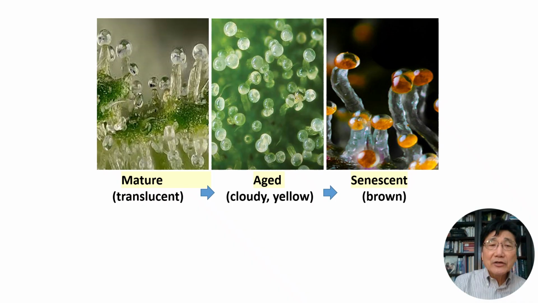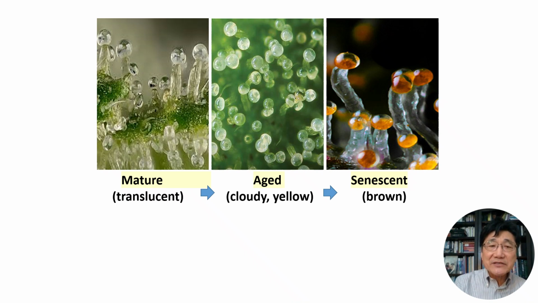In Module 2-3, I mentioned that glandular trichomes can be classified according to their secretory phase from the color of their contents. Immature trichomes are translucent in appearance, while aged glandular trichomes, at the peak time of cannabinoid production, appear cloudy or amber.